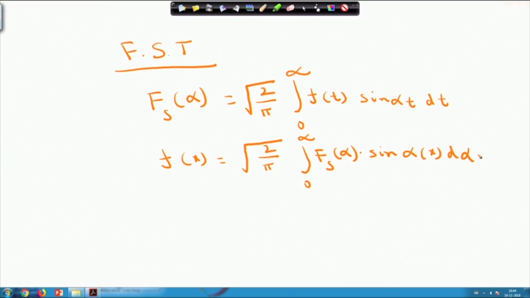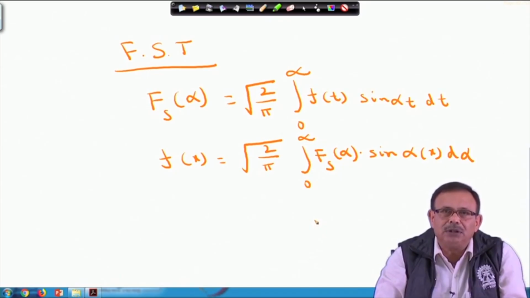into d alpha. So, if a function f(x) is defined in the interval 0 to infinity, the Fourier sine transform of f(x) is defined as capital F_s alpha, and this equals root over 2 by pi, integral from 0 to infinity of f(t) into sine alpha t dt, and f(x) can be derived as root over 2 by pi, integral from 0 to infinity of capital F_s alpha into sine of alpha x d alpha.